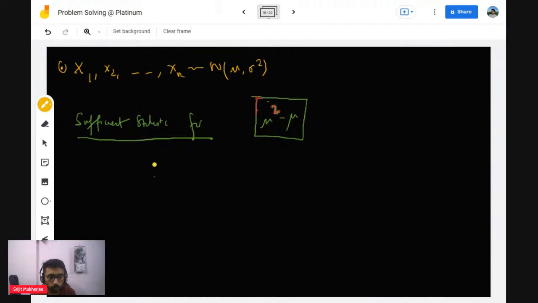So what we need to show? So this is a parameter of normal. Let's call it theta.